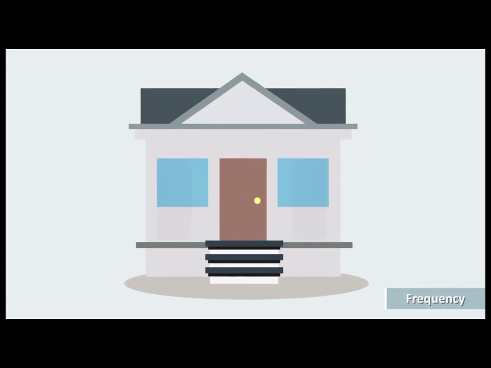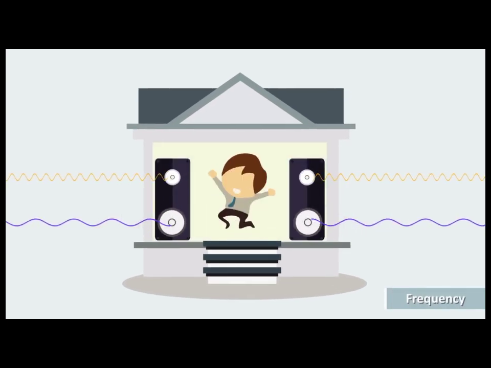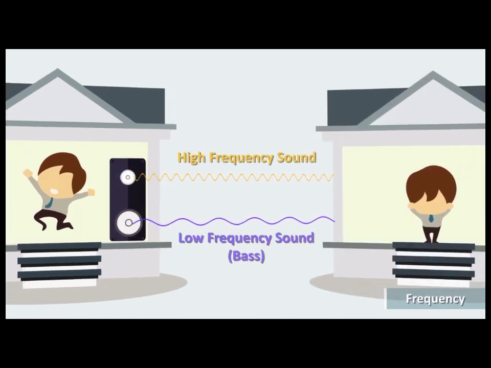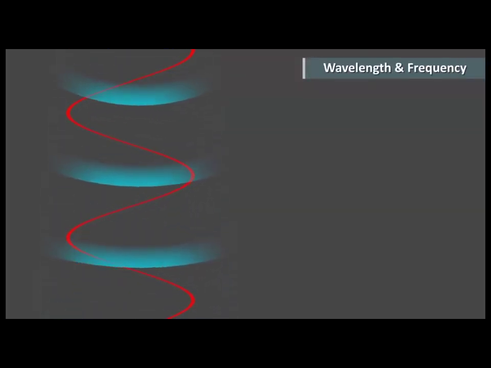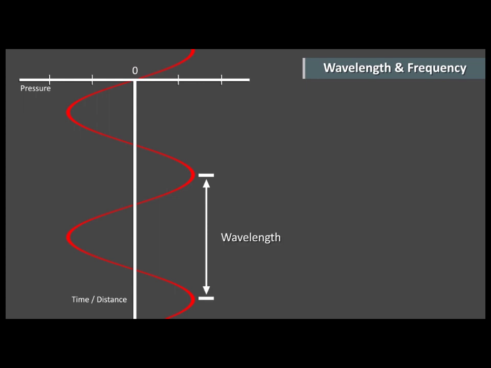A good example to demonstrate the concept of sound frequencies is listening to loud music played in the home next door. The bass, or low frequency, is often heard through the wall. Higher frequencies are often attenuated or absorbed by the walls of the home. One cycle of a sound wave is composed of a complete positive and negative pressure change. The distance traveled during one cycle is called the wavelength.